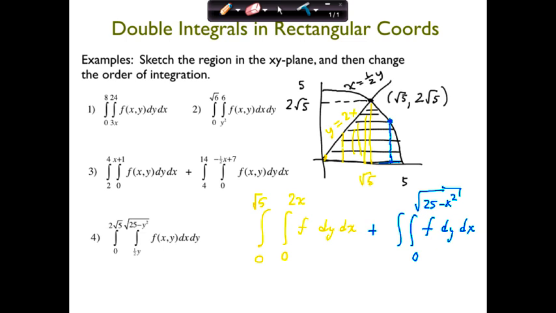That's for x values from square root of 5 to 5. Is this making sense? When you change the order, you have to split it up because the top is in 2 pieces: the linear part of the top and the circular part of the top.